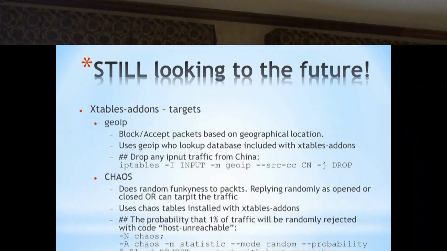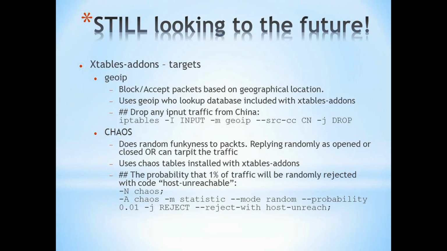This one I found especially interesting, the GeoIP mask. I don't know if you have any boxes that need to accept traffic from China, okay? Well, if you ever wanted to block all traffic from China before, you had to fill out your IPTables with every single subnet mask that China owns.